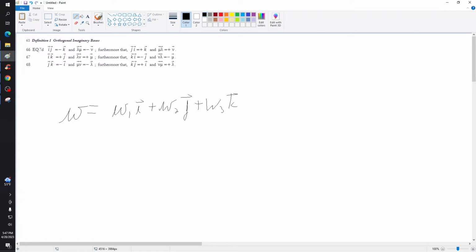We can write this as w equals capital W, the magnitude of this vector, which is just the square root of w1 squared plus w2 squared plus w3 squared, times lambda, where lambda is a purely imaginary unit vector. Okay, so how do we find that?